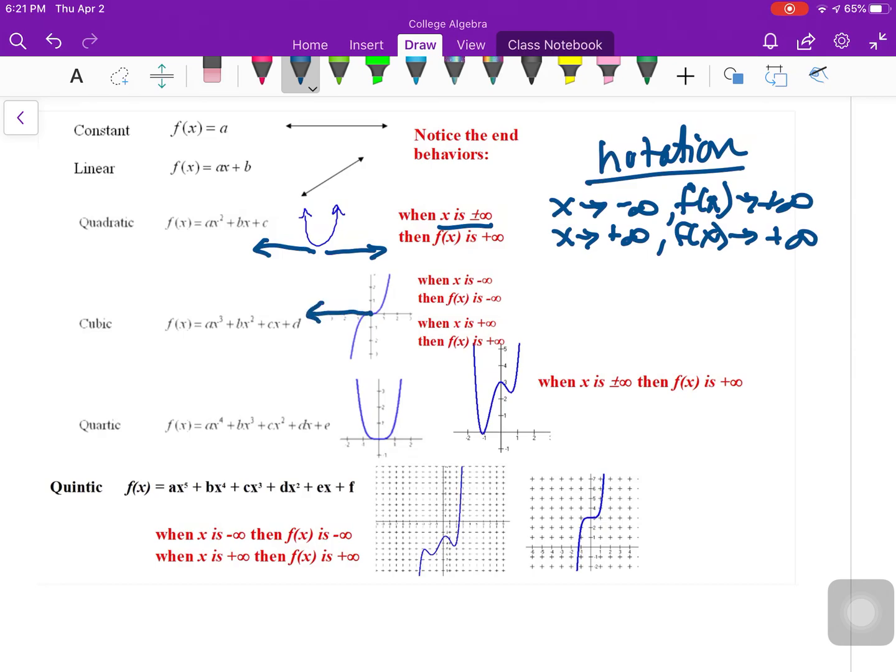Now let's look at a cubic. As my x's go to negative infinity, my y's go to negative infinity. And as my x's go to positive infinity, my y's go to positive infinity.